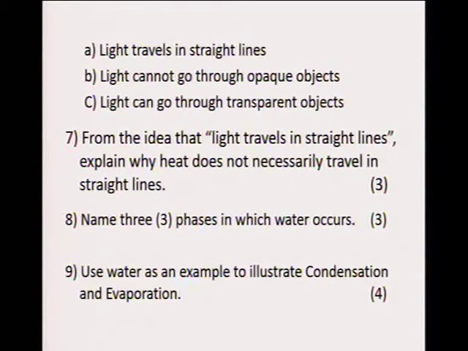And light cannot go through objects, so you need to discuss that theory and give an example. And light can go through transparent objects, so explain that theory. So you explain that theory and give an example of each.